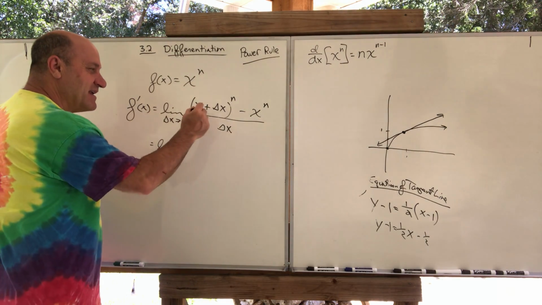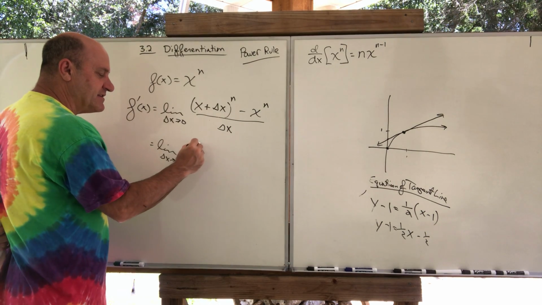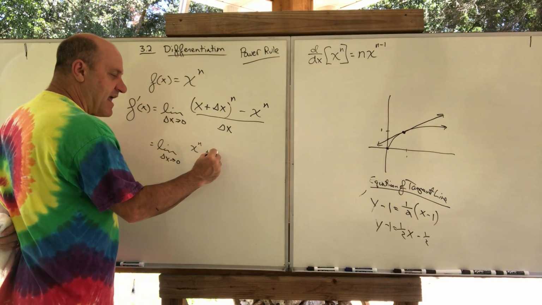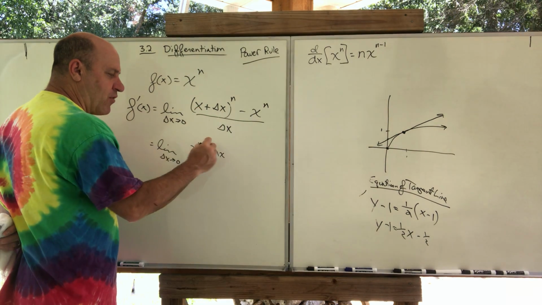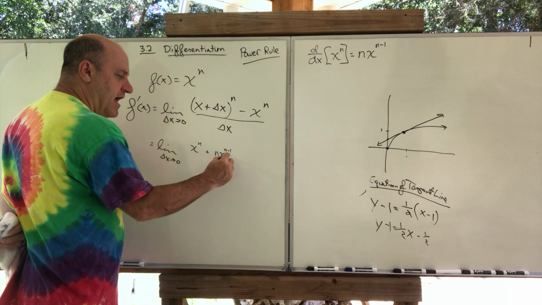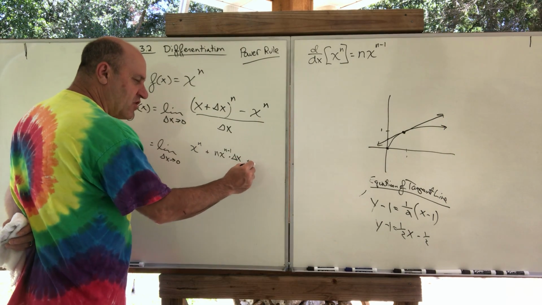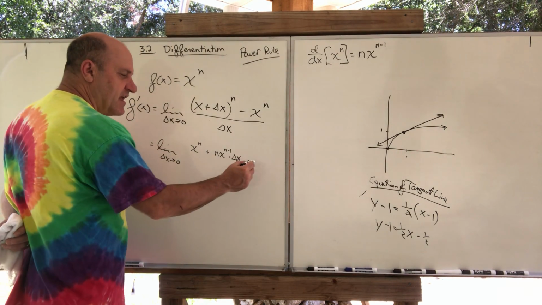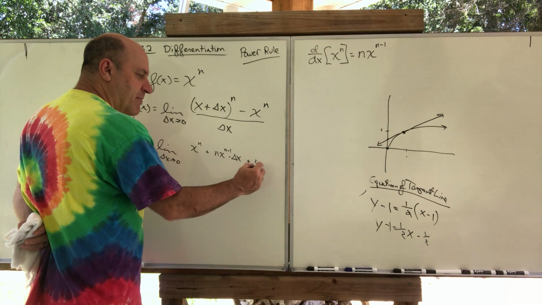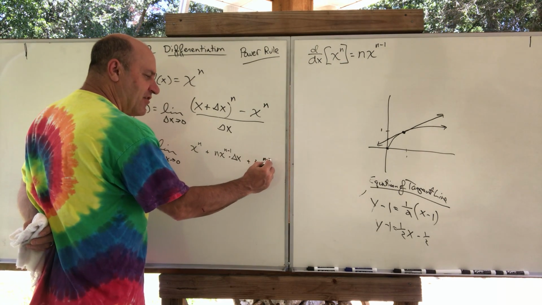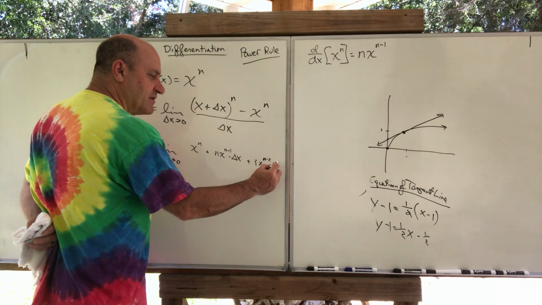But the binomial theorem says it'll be this. It'll be that first number, x to the n. Then we'll get an n on there, and we'll drop a power on that to n minus 1, and then it'll be multiplied by a delta x. Then there'll be another coefficient. This n was the coefficient. I'm not sure what that coefficient is, but x will drop down another power, and then the delta x will be squared.